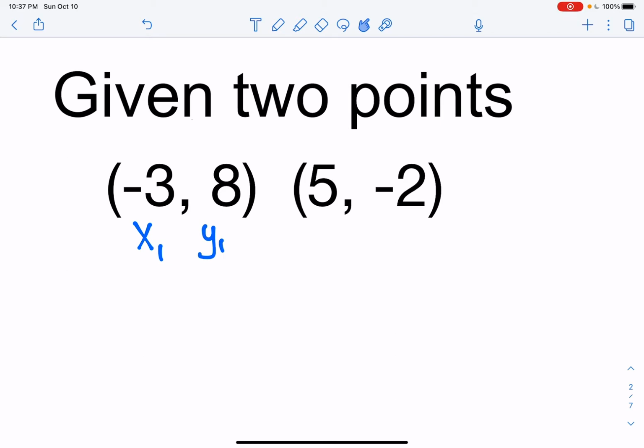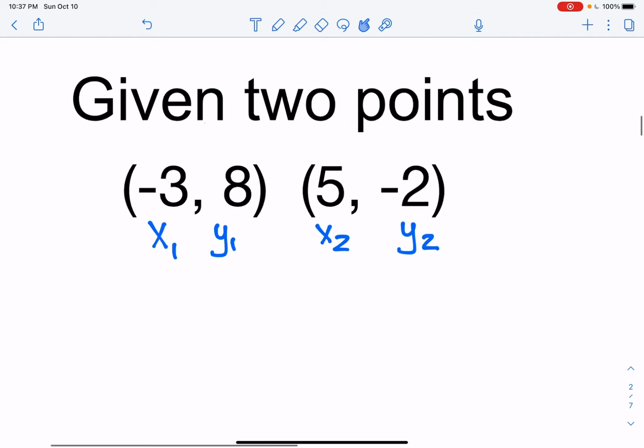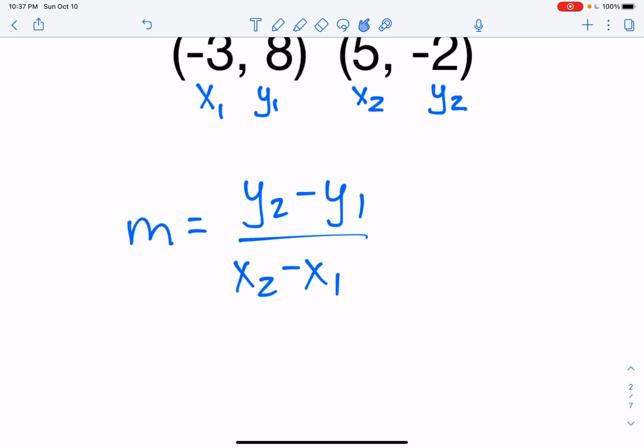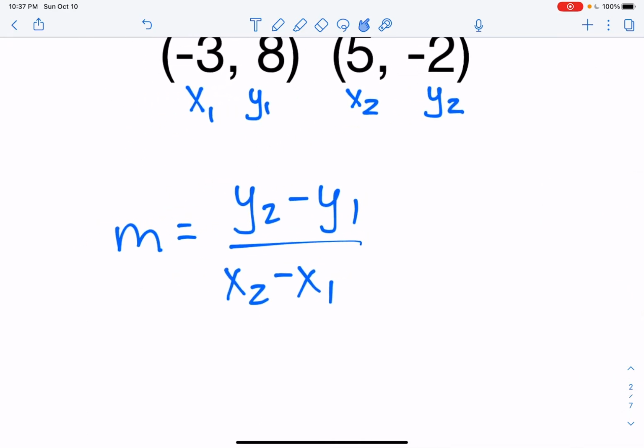The second is y. So we're going to call this x1 and y1. And if those are the ones, we'll call these two x2 and y2. Now from there, my slope is y2 minus y1 all over x2 minus x1. We call that rise over run.